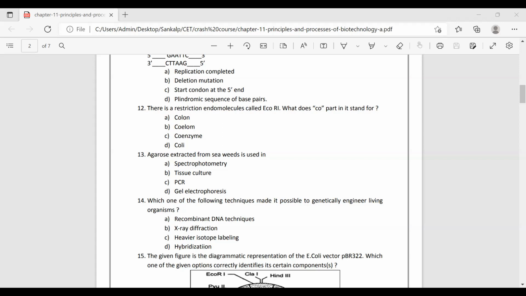Any other answers? Okay. So the right answer is option A, recombinant DNA technology.